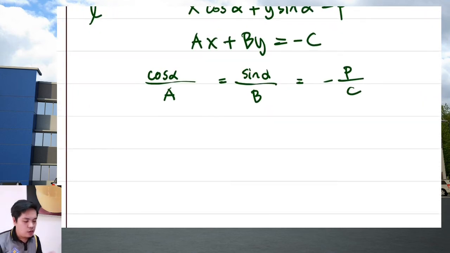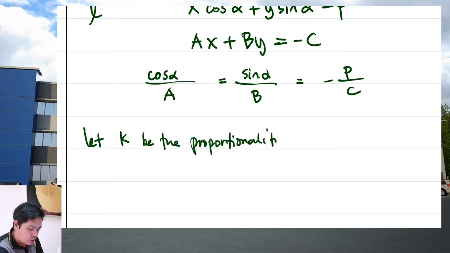So, since they are all equal, let us introduce a proportionality constant. So, let K be the proportionality constant.